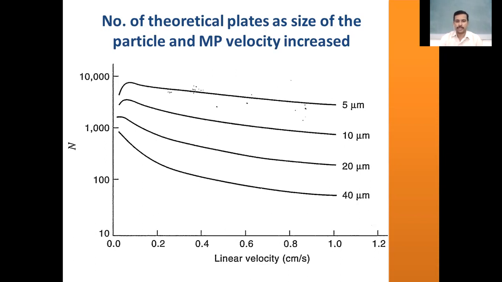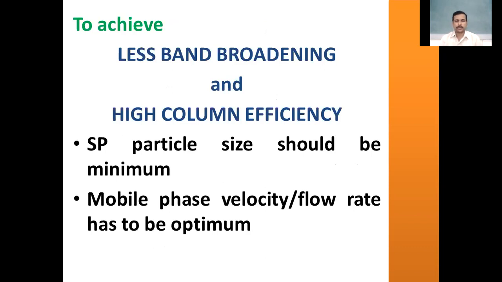So we have to be very careful while fixing the separation procedure for a chromatographic analysis. The overall conclusion is that, in order to achieve a better chromatographic separation, the chromatographic peaks should show less band broadening, and the separation process should be of high column efficiency.